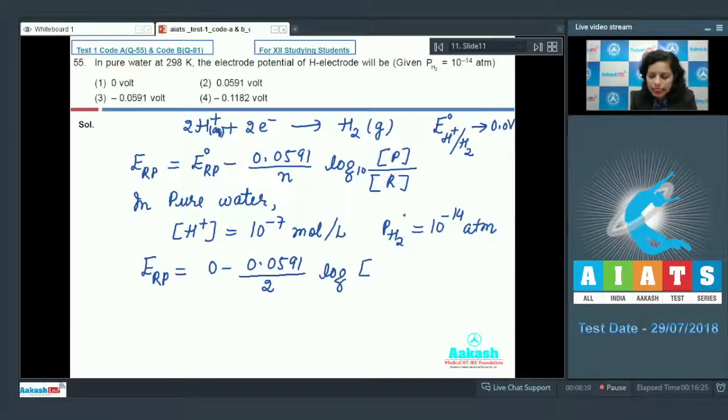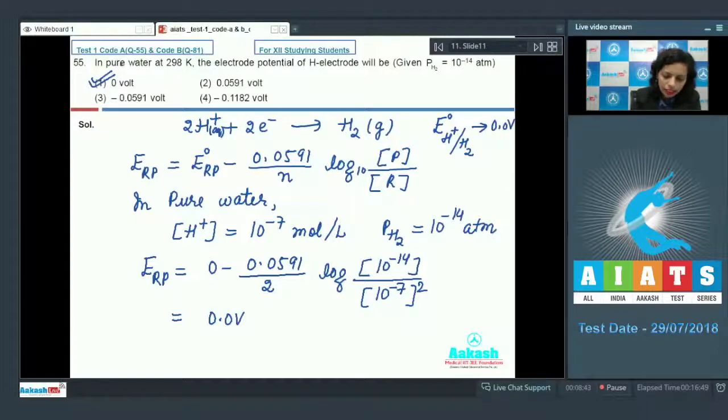The product is hydrogen gas here, so I'm writing here 10 raised to the power minus 14, and the reactant is the hydrogen ion square we have to take here, and ultimately if we check the final answer we will get 0.0 volt, and if it is the answer, the option 1 is the correct answer. I'll write here the correct answer, that is option 1.